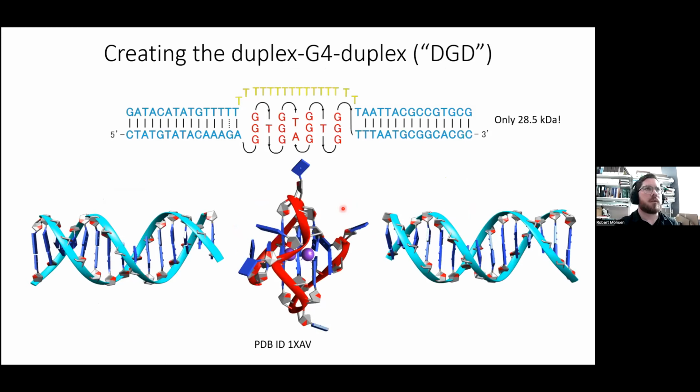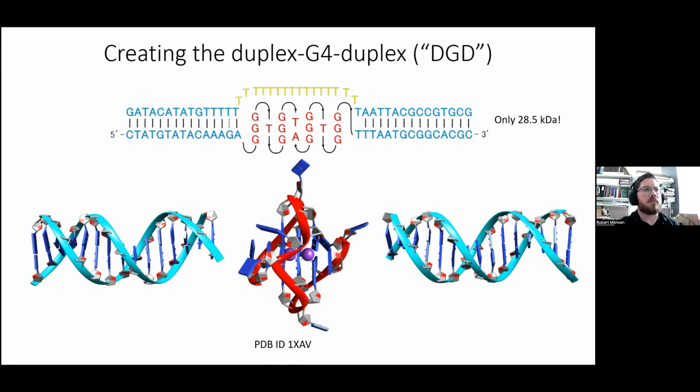In order to do this, we created a synthetic duplex-quadruplex-duplex model, which we call DGD. Just for reference, it's only 28.5 kilodaltons, so it's very small relative to what you typically use in a cryo-EM experiment. We took a very well-characterized quadruplex called PDB 1XAV.